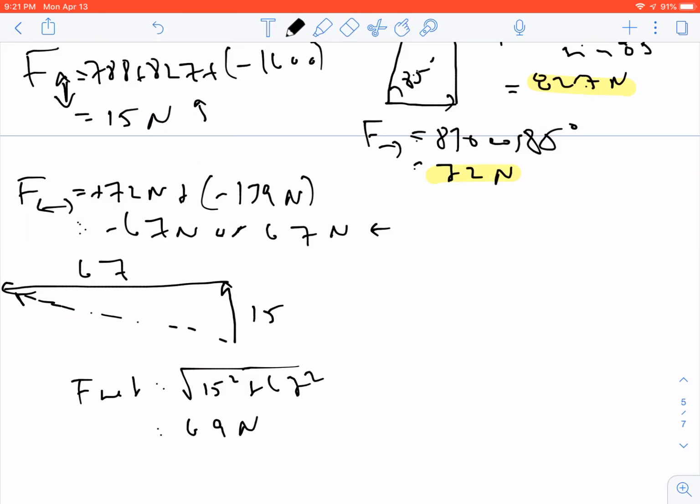Which makes sense, because again, if you look at your forces here, I have a 67 and a 15. It looks like this number here is going to be pretty close to 67 because of the small 15 on the one side.